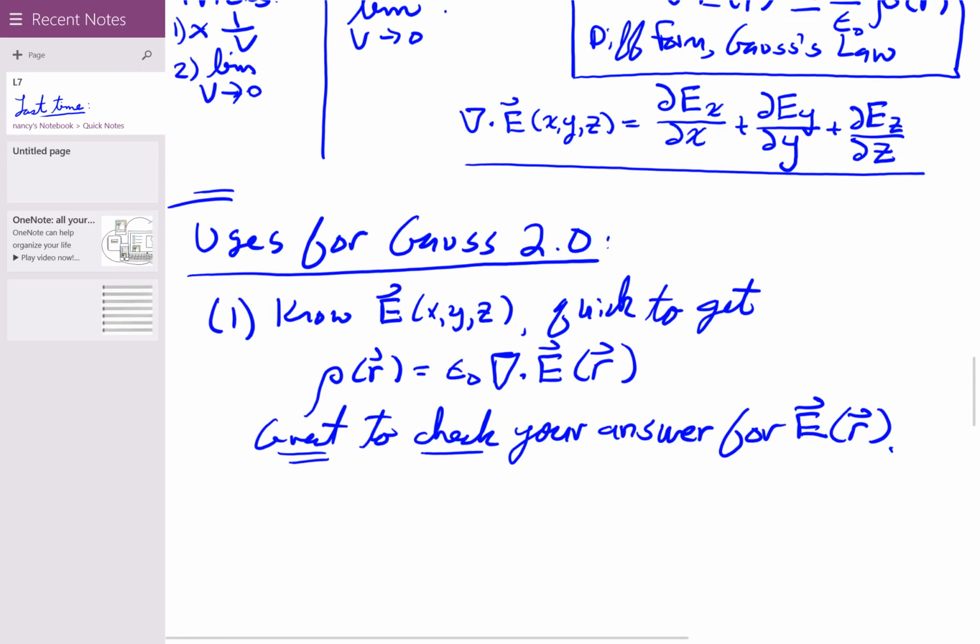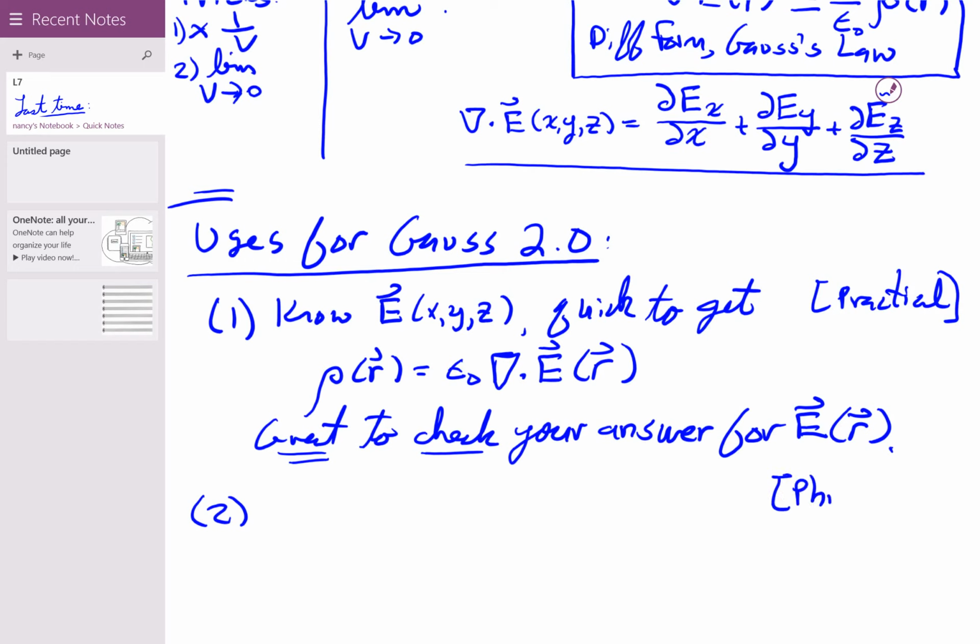The second use is more philosophical, and it has to do with action at a distance.